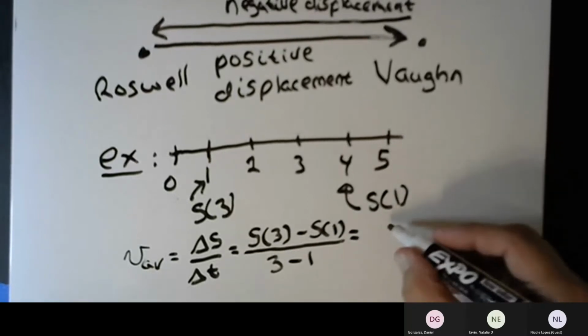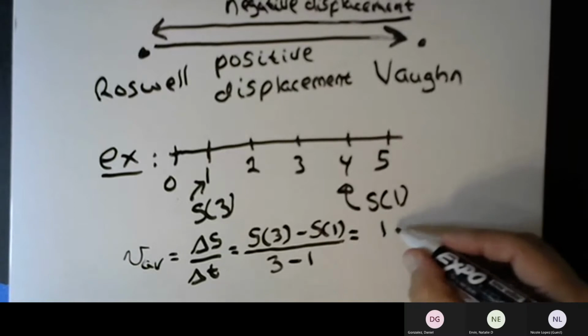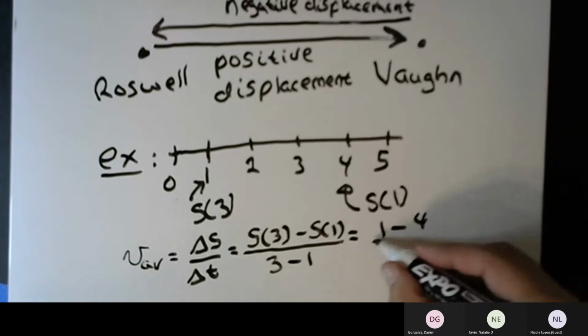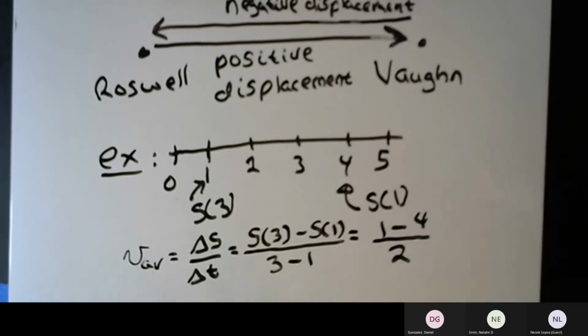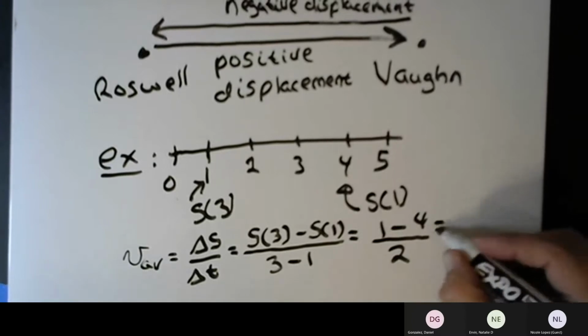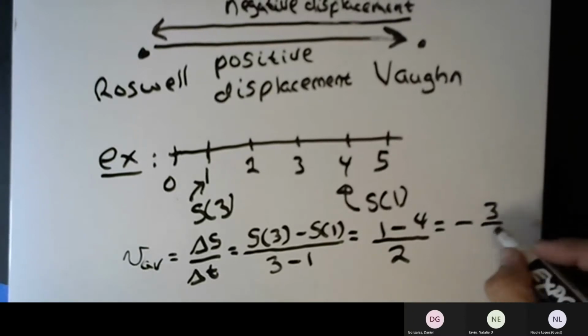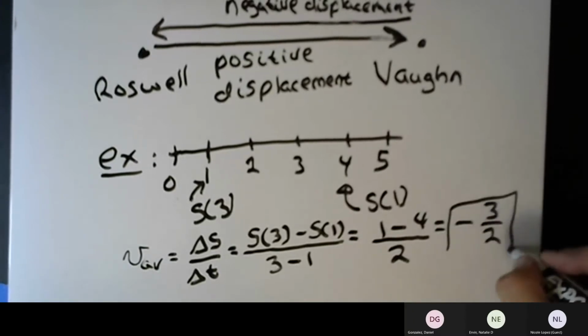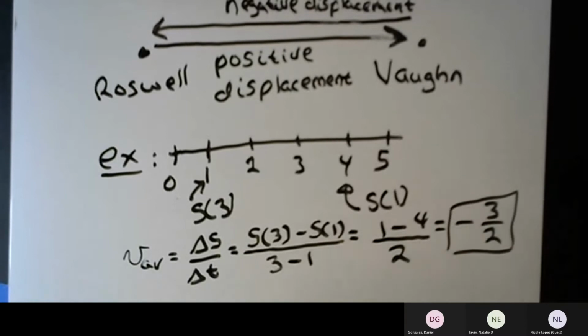And then we're going to get 1 for S3, 4 for S1. We get 2 for delta T. We'll get minus 3 halves. So you can have negative velocity.